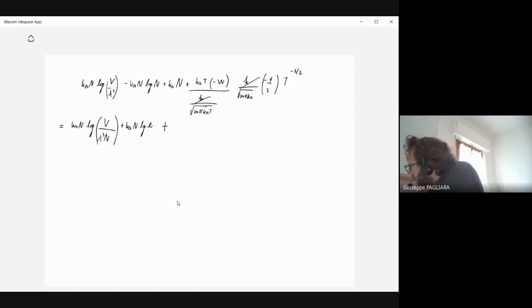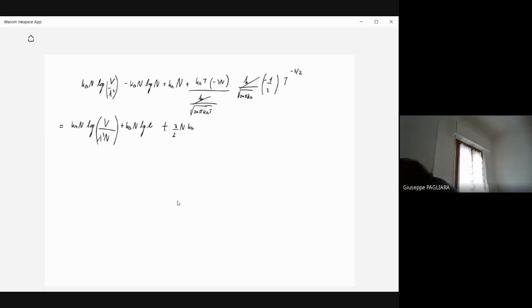And here I should have a 3/2 n, and let me count the number of temperatures that I have here, 3/2 n kB, okay, is there. And the temperature should drop. Let me see if this is correct, because I have here minus 1/2, so 1/2 and plus 1 is minus 3/2, that cancels with that correctly. Okay.